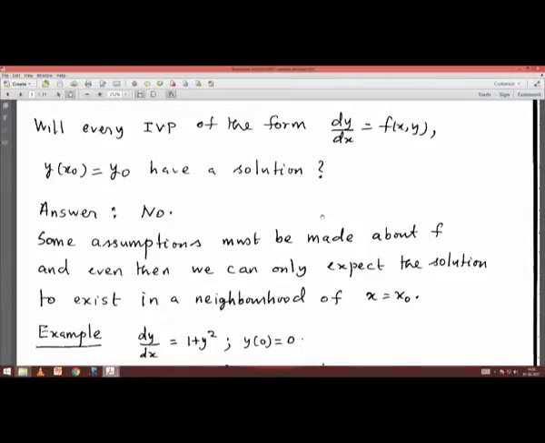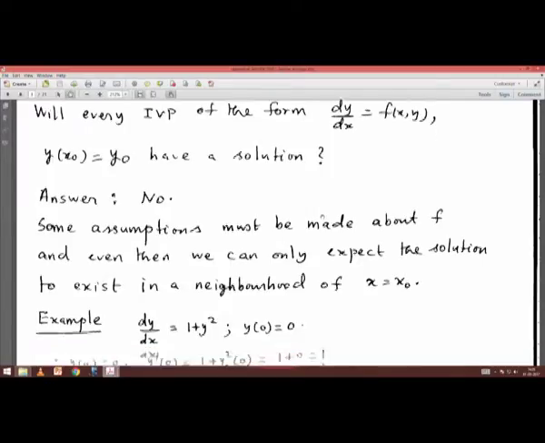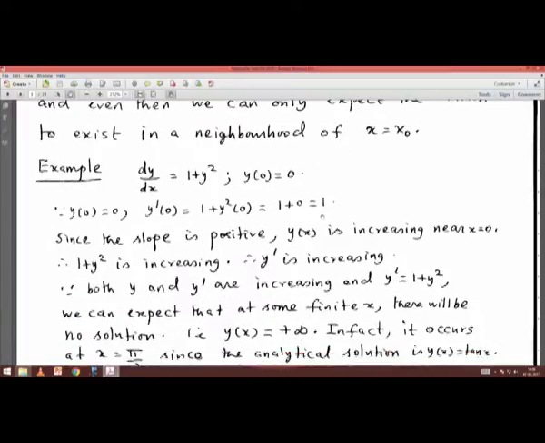The answer is no. We have to have some conditions and assumptions that will have to be satisfied by f, so that a solution of this initial value problem may be shown to exist in a neighborhood of the initial point x naught. So, let us see what the following example gives us.